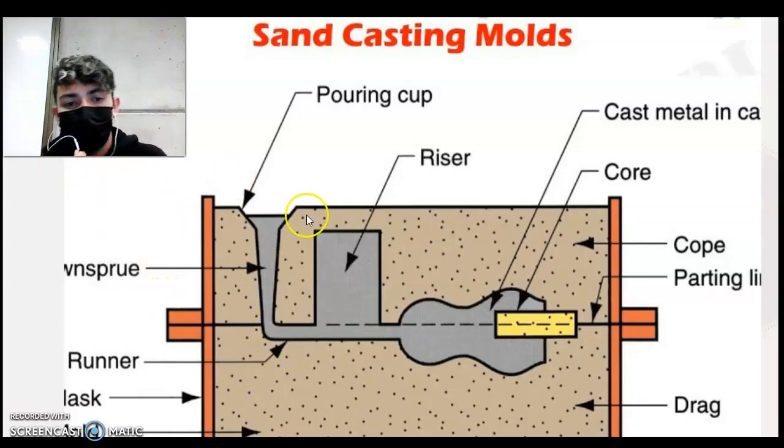What you see on the screen is the box. This is the top part and the bottom of the box. They also leave a space in order to pour the material.